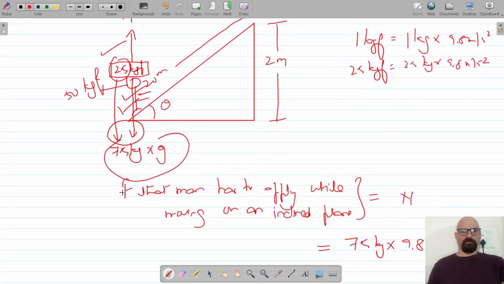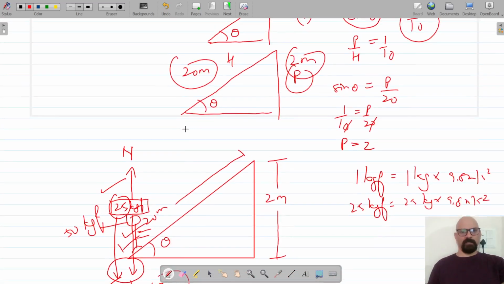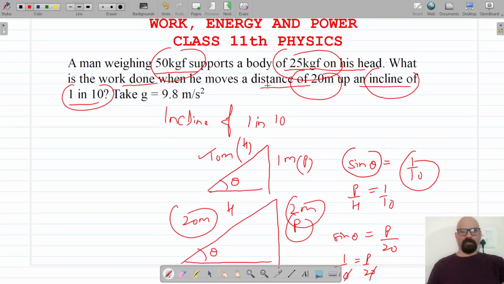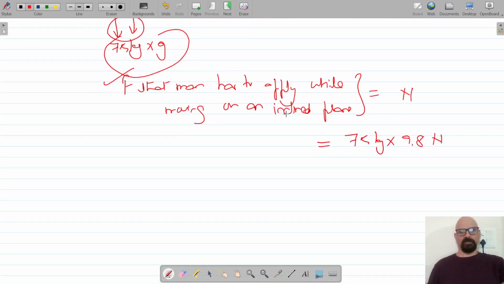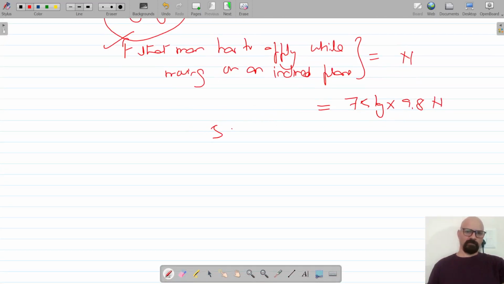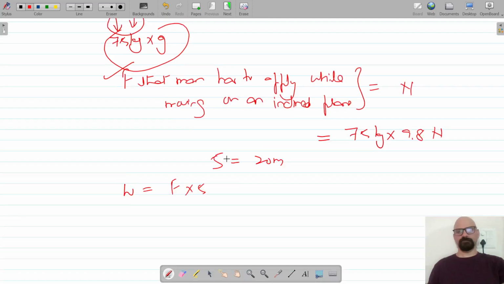Now this is the force that the man is going to apply, and it's given that he moves a distance of 20 meters. The work done is given by force into displacement.